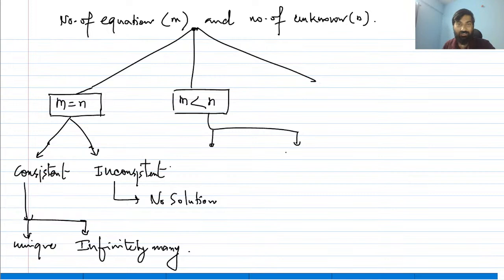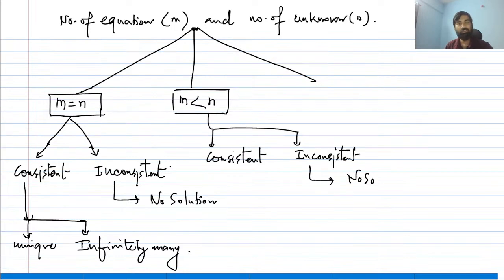You again have to check consistency and inconsistency. So in this case also you have to check whether the system of linear equations is consistent or inconsistent. If it is inconsistent, no solution. If it is consistent, this is very important, guys.